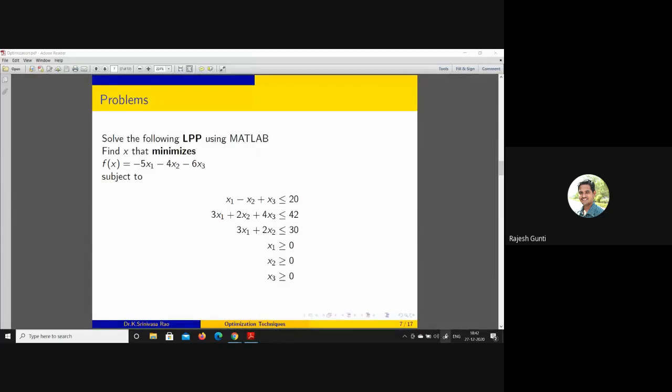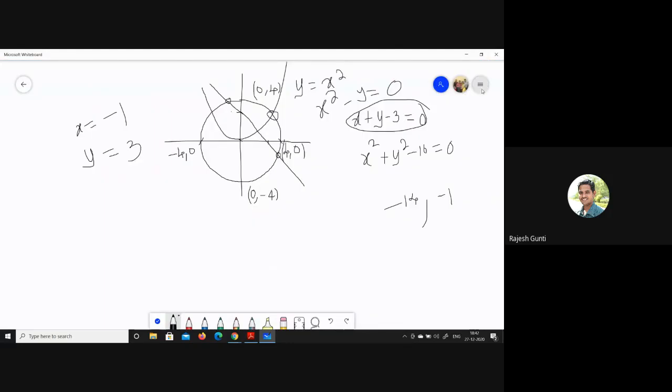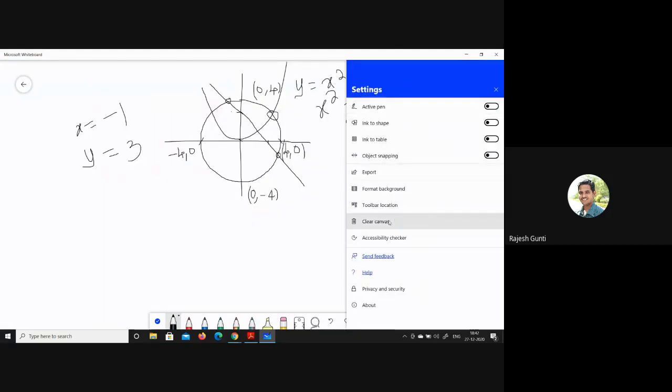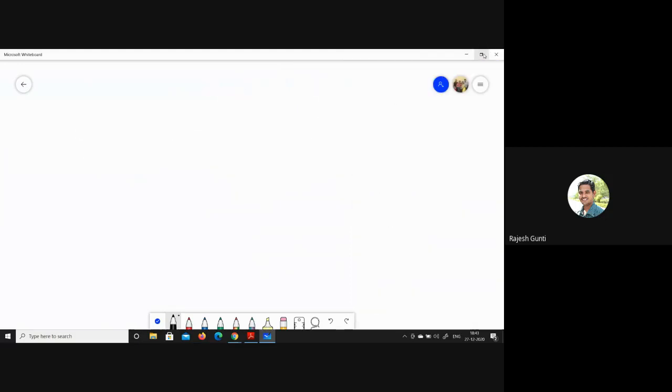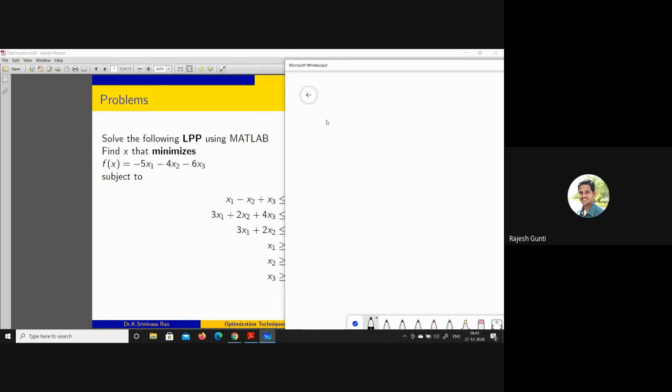How to write it in standard form? This is the f. Our f is minus 5x1 minus 4x2 minus 6x3. That we have to write as f transpose of x. What is x?